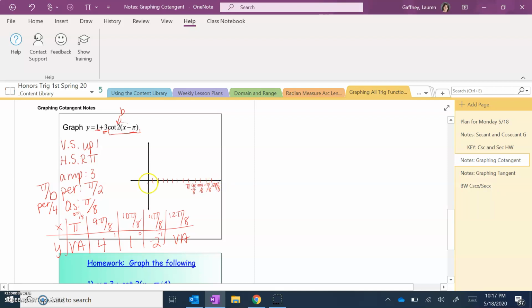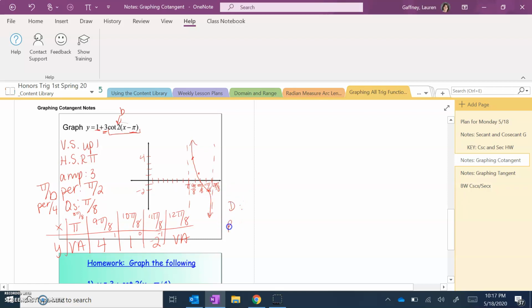Okay, so at pi we have a vertical asymptote, and at 12 pi over 8, and then at 9 pi over 8 we're up at 4, and then 1, and then -2. And you want to keep it smooth, and hug those asymptotes.